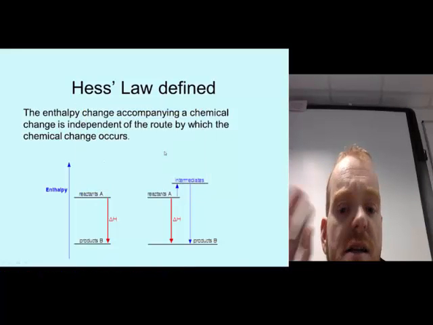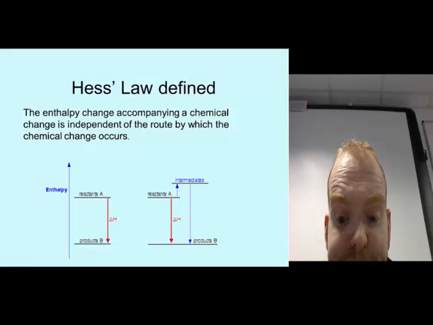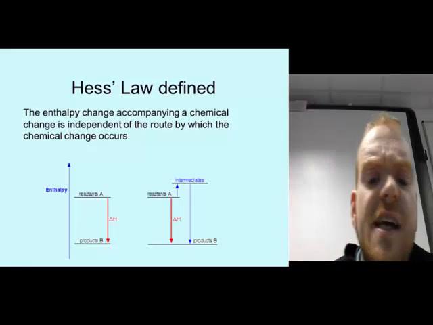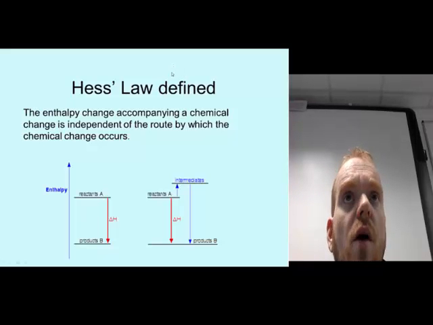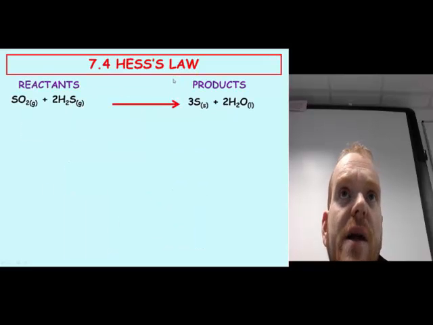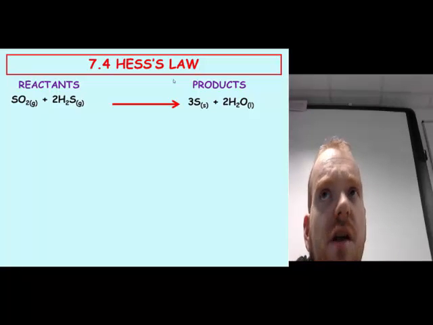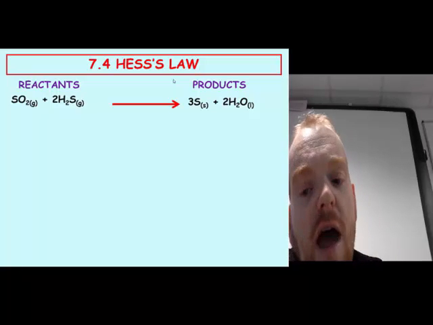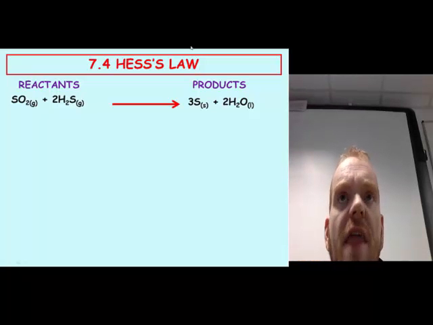We can construct Hess's cycles using enthalpy of formation data, enthalpy of combustion data, and bond enthalpy data. Frequently we're trying to work out what the enthalpy of a reaction is. Take an example where we've got SO2 and hydrogen sulfide reacting to give sulfur and water, and we don't know the enthalpy of that reaction.